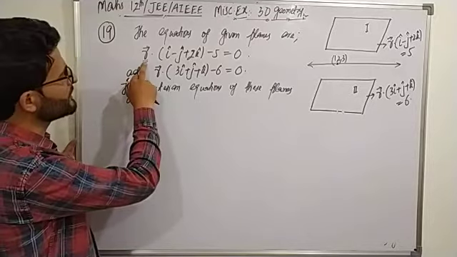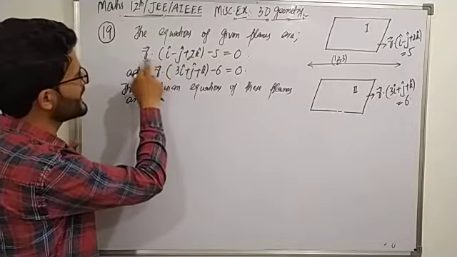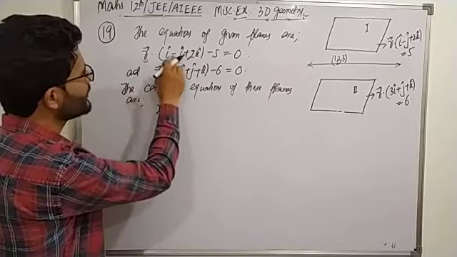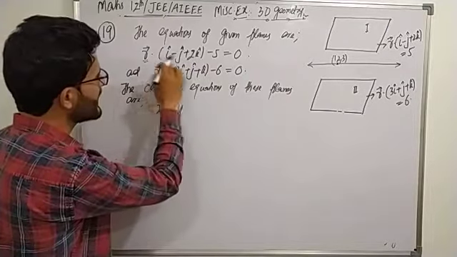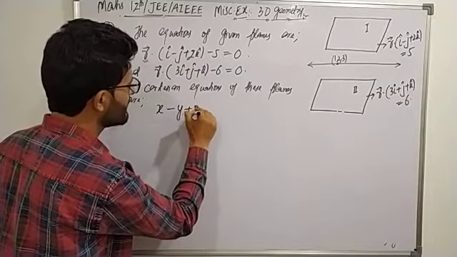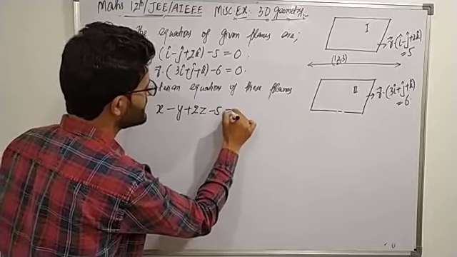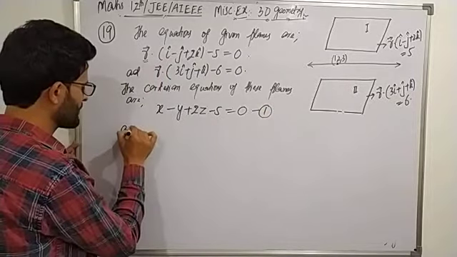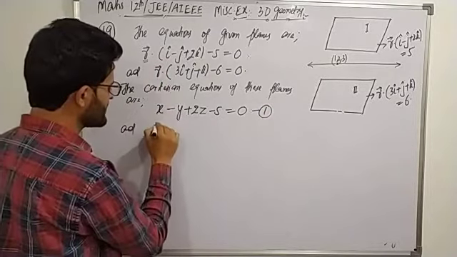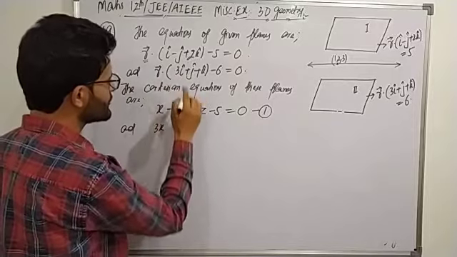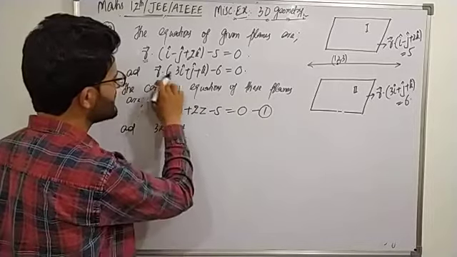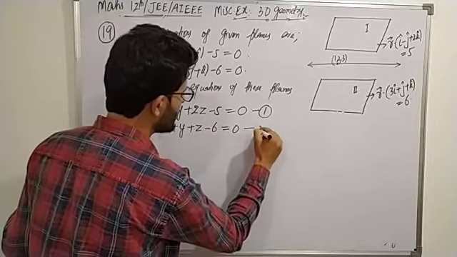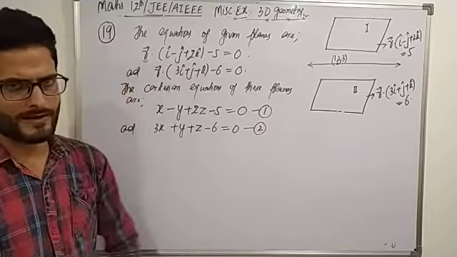So (xi plus yj plus zk) dot (i minus j plus 2k) is x into 1, that is x, plus y into minus 1, that is minus y, plus z into 2, that is plus 2z, minus 5 is equal to 0. We are keeping that as plane number first. Similarly, x into 3, that is 3x, plus y into 1, that is plus y, and plus z into 1, that is plus z, minus 6 is equal to 0. We will keep that as plane number second.